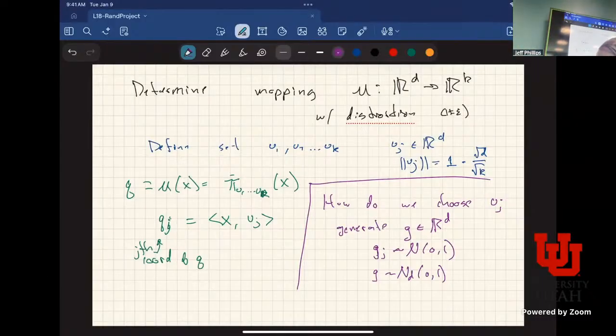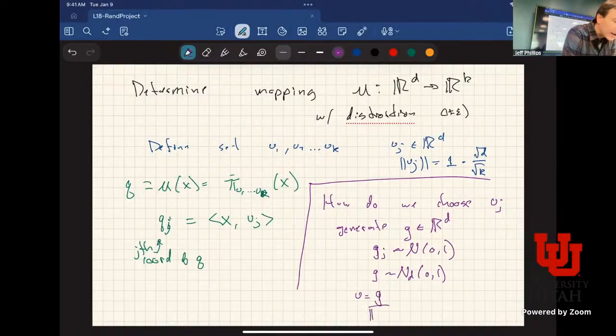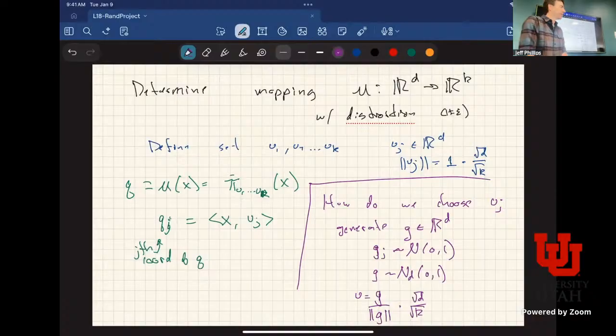Okay, so then I'm going to say U is going to be G divided by the norm of G times the square root of D over the square root of K. This makes it a unit vector, and then I told you I needed the scale, which I'll explain a bit later. So this is how I generate each of these vectors U.